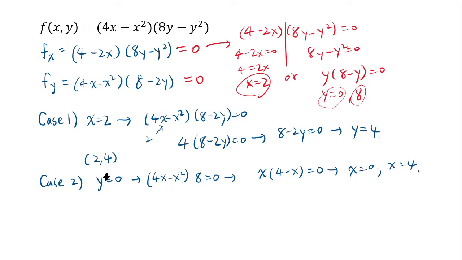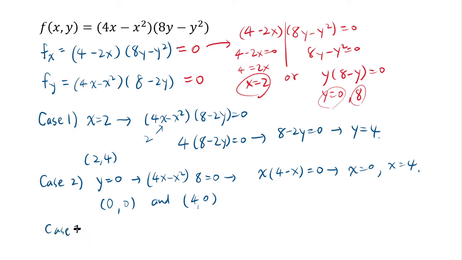Alright, so when y is 0, you get x equal to 0 and x equal to 4. So don't get confused with the x and y coordinates. X should come first, so it should be (0, 0) and (4, 0). So these are the critical points.